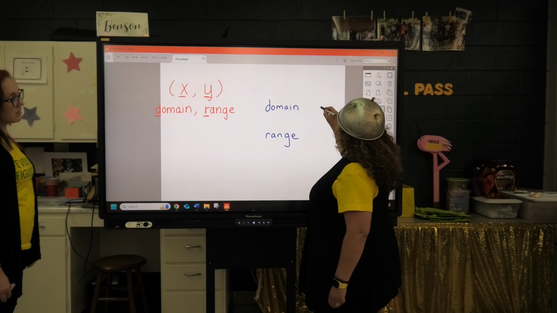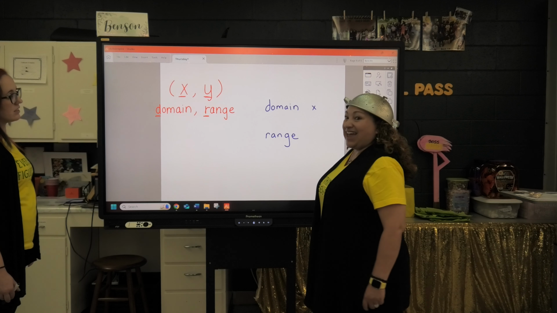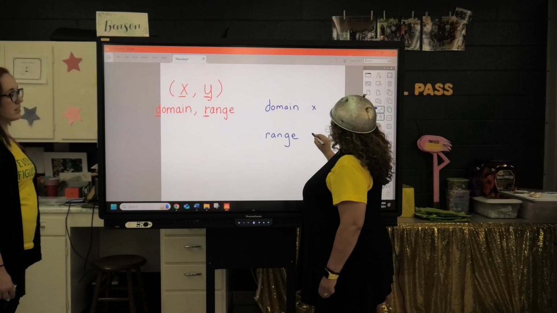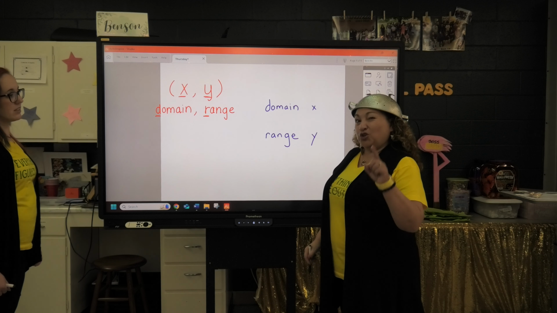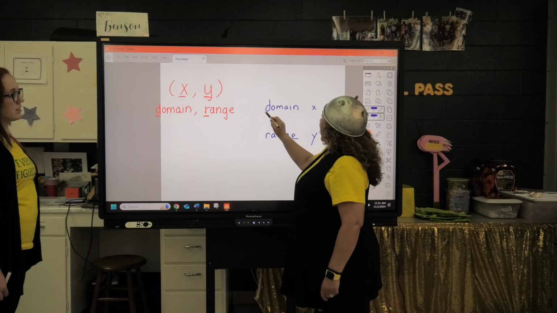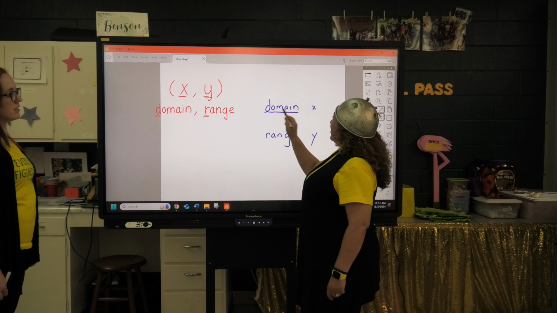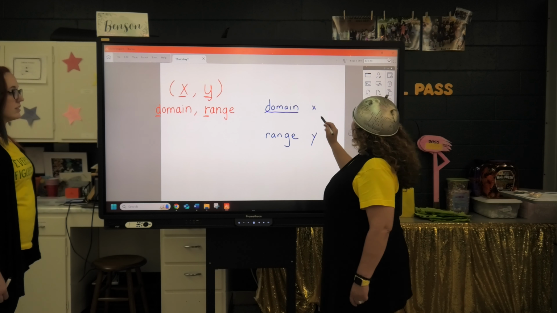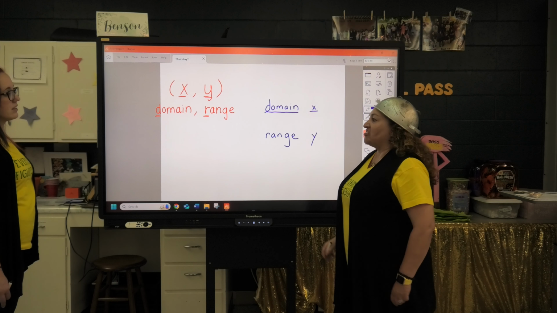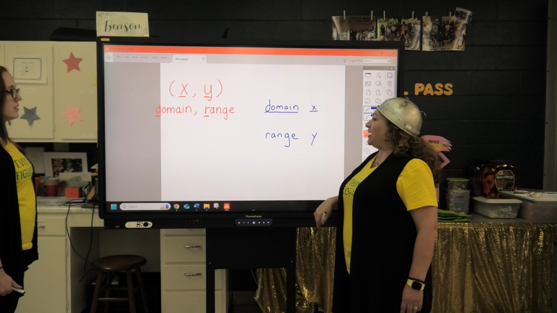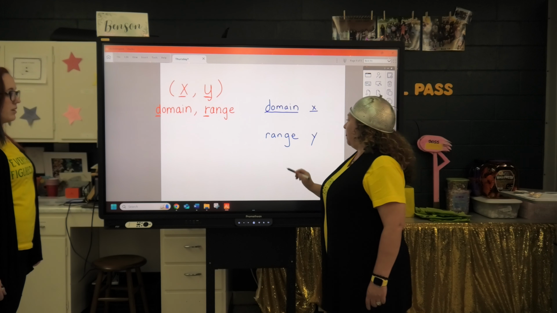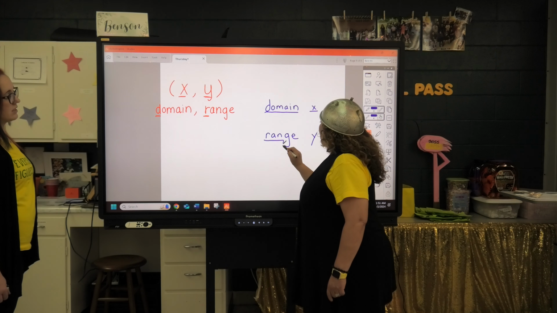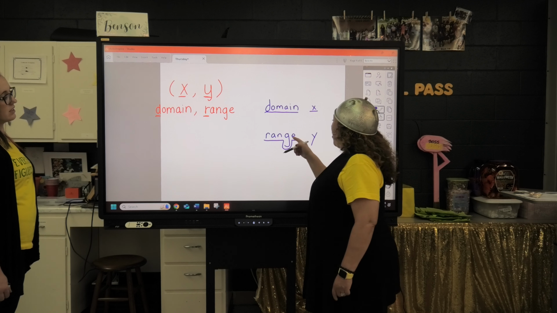I know that domain is X values, and I know that range is Y values, but look at this. I can underline domain without ever having to go up or down, just go straight across. I can underline X, never have to go up or down, just straight across. But if I underline range, I've got to go around that G.